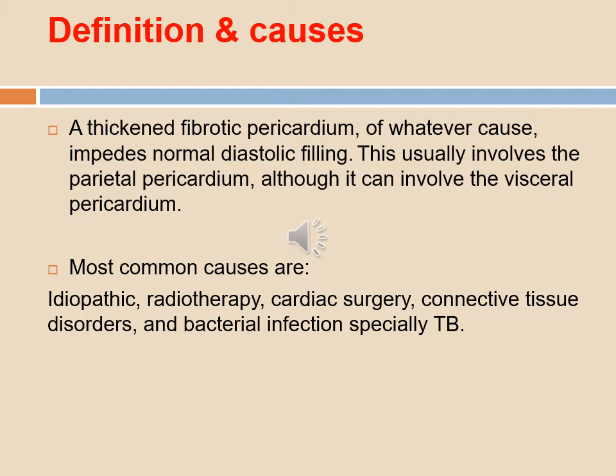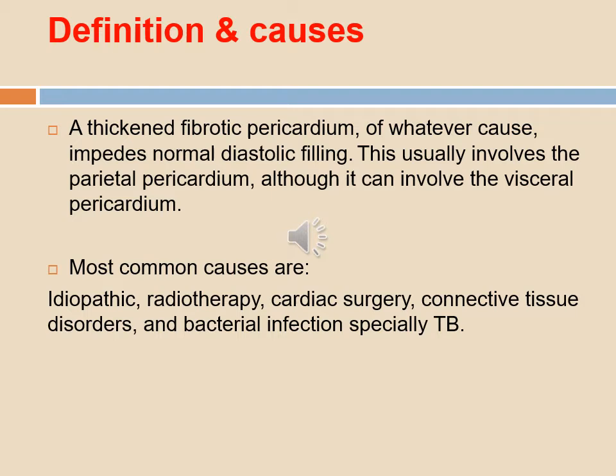If we want to define constrictive pericarditis, I can say it is a state of thickened fibrotic pericardium, of whatever the cause, as I will later mention the causes, that leads to impedance of the normal diastolic filling process.